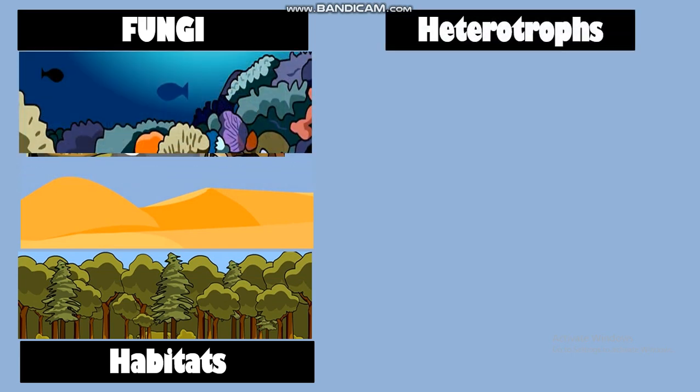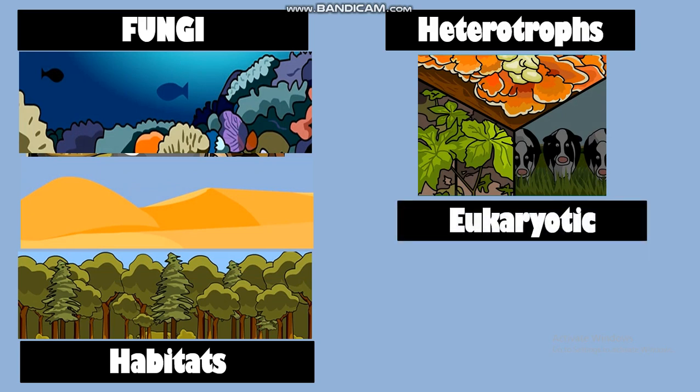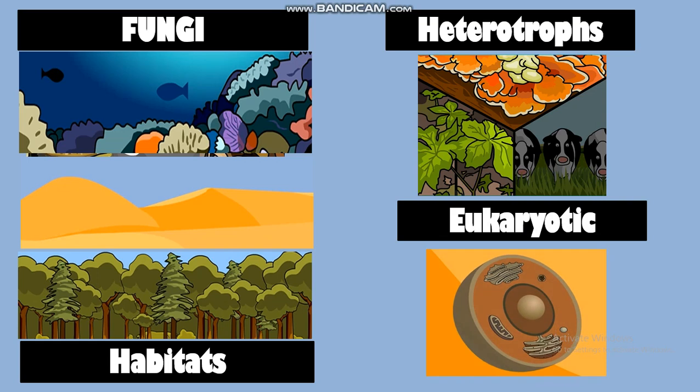Like plants, fungi cannot move from one place to another, but like animals, they consume other organisms and are thus called heterotrophs. Fungi are also eukaryotic, meaning that every cell of fungi includes a nucleus.